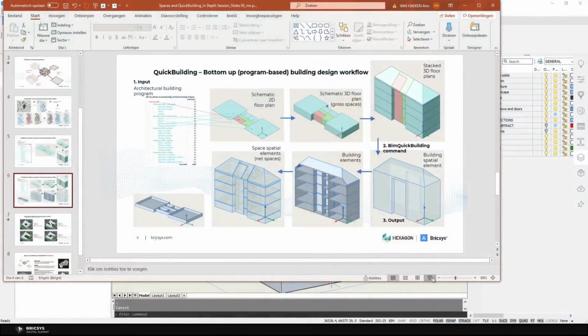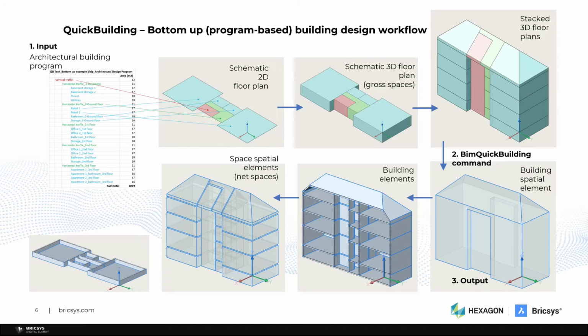So that is what I wanted to show you in terms of the bottom-up QuickBuilding. Let's quickly recap and summarize using a slide what happened. In the case of the bottom-up approach, you start from the architectural building program and draft the 2D floor plan, which you can then extrude into a 3D floor plan of a story.